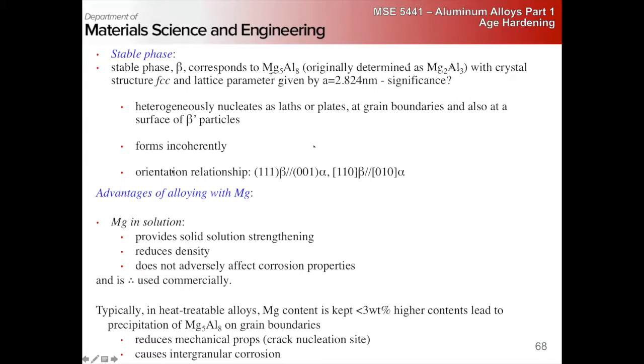It has an orientation relationship, and it forms incoherently, so I'm being inconsistent with my logic. Shoot. I just made an argument on the previous page, and then I contradict myself on this page. It has an orientation relationship primarily because you have these sort of low energy planes when it nucleates at the surface of the beta prime particles.